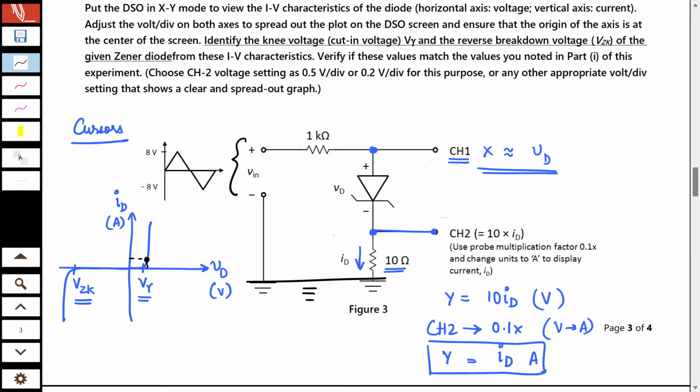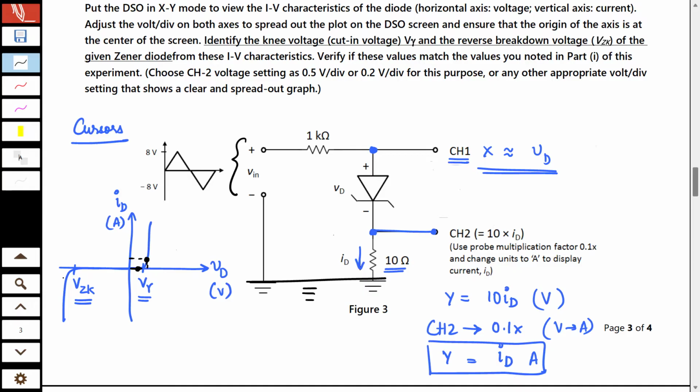And do not also take a point in this region, because here resistance will come out to be almost infinite. Take a point in this curved region, right? And of course, the higher you take the point, the lower will be the forward resistance that you calculate. Because current is going up, but voltage is not changing much.